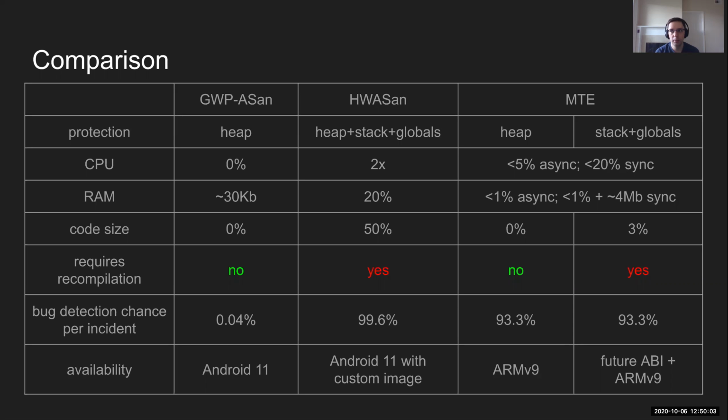Therefore, making sure that your applications work with GWP-ASan will help with MTE a lot. And that's available today for them to try. Yes, that's available in Android 11, which was launched just a month ago.